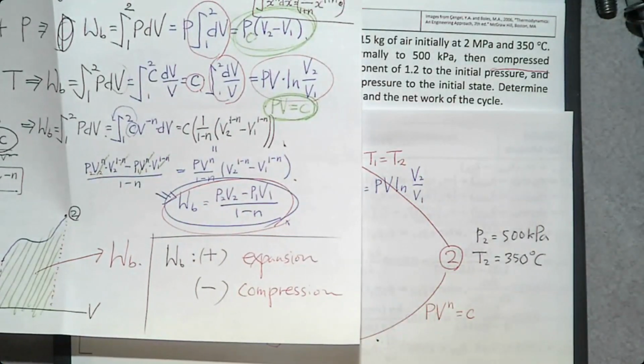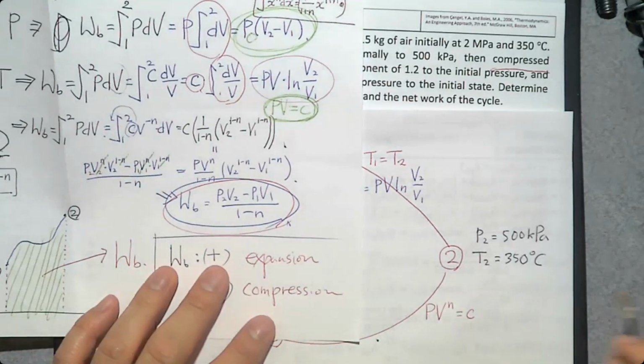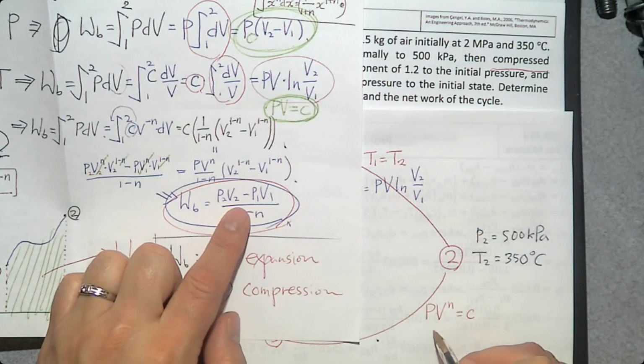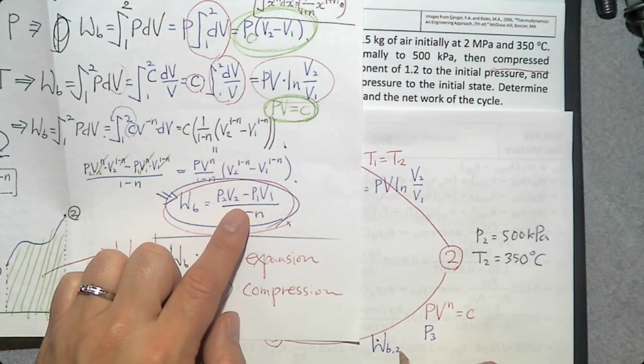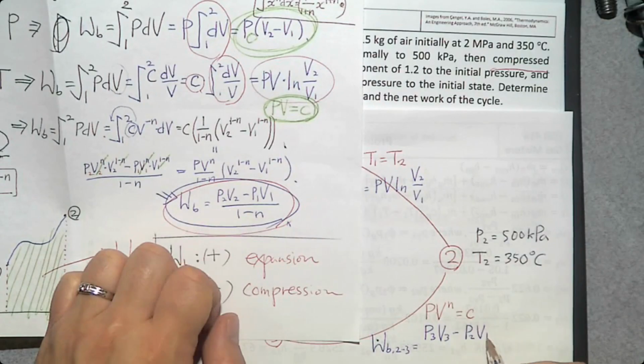But this moving boundary work is between state 1 and state 2, and this one is state 2 to 3. So it's not P2 V2, it's going to be P3 V3 minus P2 V2, because the initial state is number 2 and the final state is number 3. Moving boundary work from 2 to 3 is P3 V3 minus P2 V2 over 1 minus n.